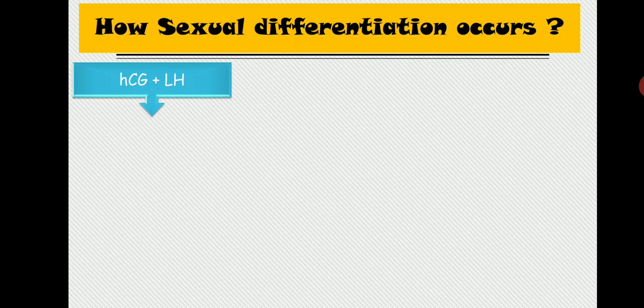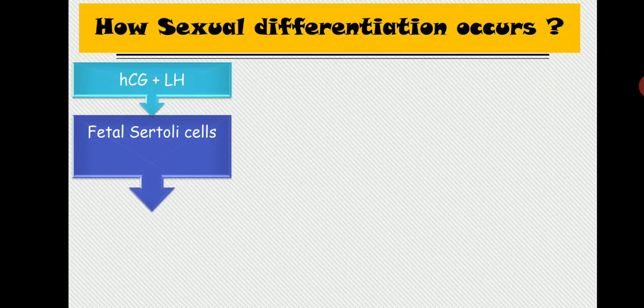Now as far as sexual differentiation is concerned, HCG, human chorionic gonadotropin, plus LH, both have more or less the same effect, and will work on the fetal Sertoli cell. Now this male fetal Sertoli cell will form MIF. What is MIF?